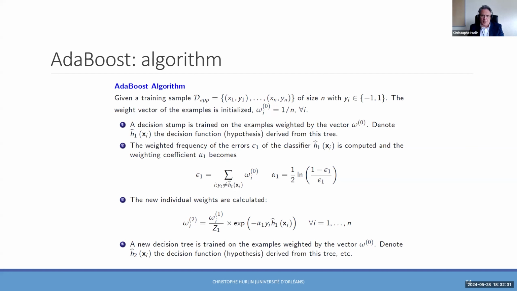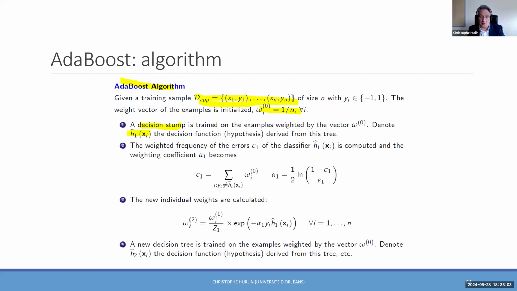Let me describe the AdaBoost algorithm. So we start with a train sample. We normalize the weight for all the individuals to 1 divided by n. We train a decision stump with the initial sample in which all the individuals have the same weight. And we have H1, the first decision stump, the model.